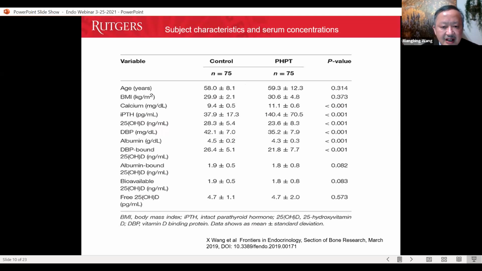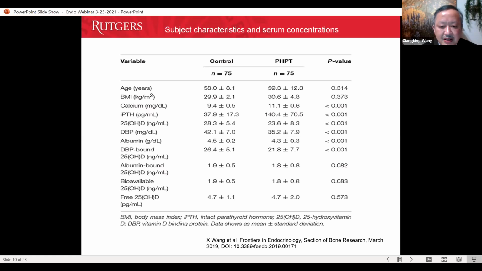Not surprisingly, these patients have about 20% lower total vitamin D level. To our surprise, the D binding protein is also about 20% lower compared to the control group. And the D binding bound 25 vitamin D is also about 20% lower than the control group.